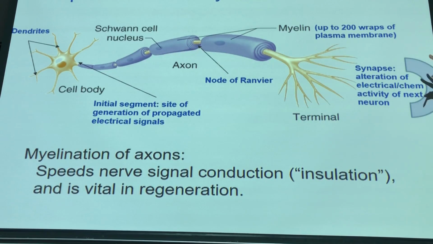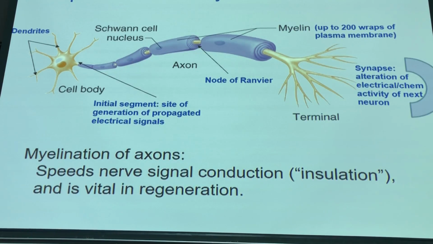And again, we're talking about the peripheral nervous system. So if you have damage to a peripheral nerve, there is a chance of getting some regrowth, some regeneration, and the myelination of those. In other words, if there are Schwann cells around, you stand a lot better chance of being able to have that nerve repair itself, versus if the Schwann cells have been destroyed.